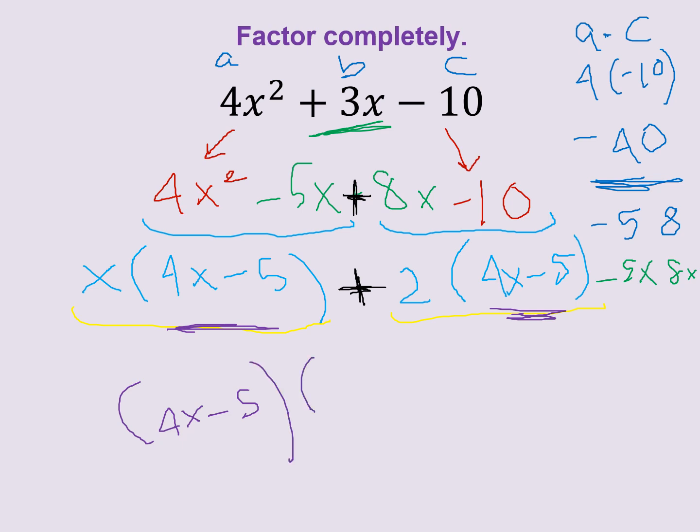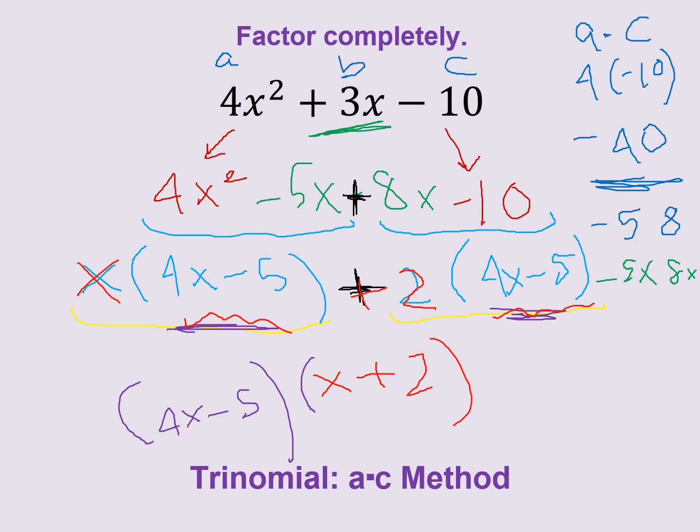And then I'm going to say, when I factor this out, what's left over? What's left over is an x. And when I factor that out of here, what's left over is a plus 2. All right, we have just factored it using the trinomial AC method. Again, if you're still shaky on that, go back and watch that particular lesson video.